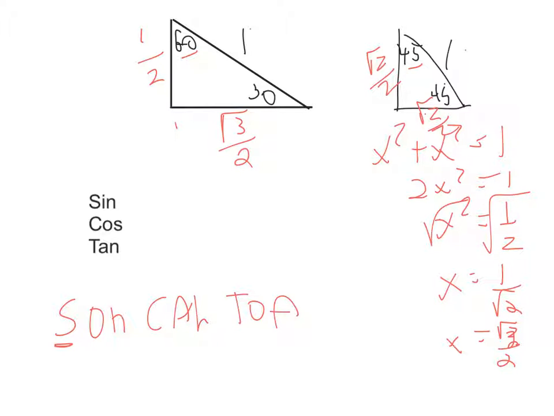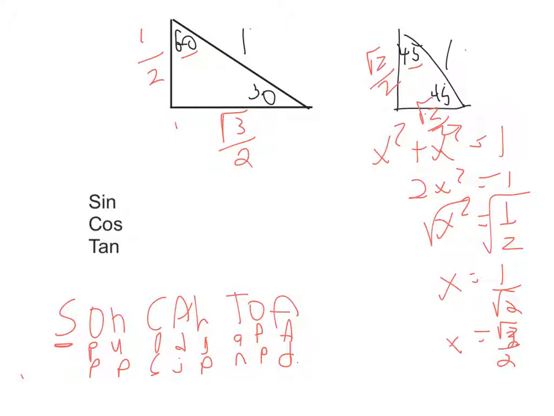Where if we have sine, we know that it's the opposite over the hypotenuse. If we have cosine, it's the adjacent over the hypotenuse. And if we have tangent, it's the opposite over the adjacent. Okay? So I can figure out some exact values of these using these ratios and these angles here.